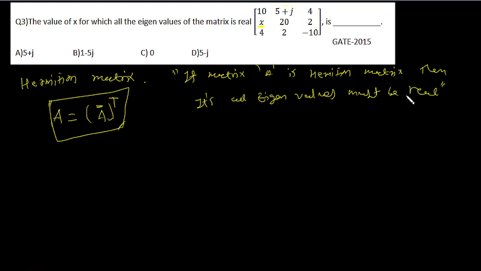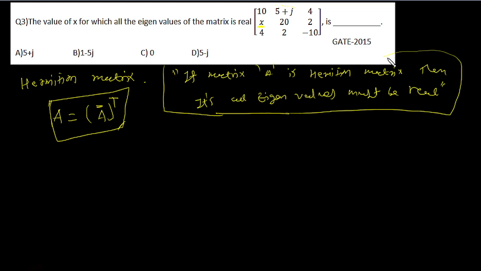Okay, this is another property of the Hermitian matrix. If any matrix is Hermitian, then we can say that all its eigenvalues must be real, and they are asking in the question the value of x for which the eigenvalues of the matrix are real. So now we have to make this matrix a Hermitian matrix such that the eigenvalues are real. So let's use this condition to make it Hermitian.